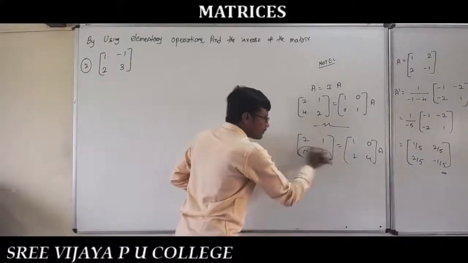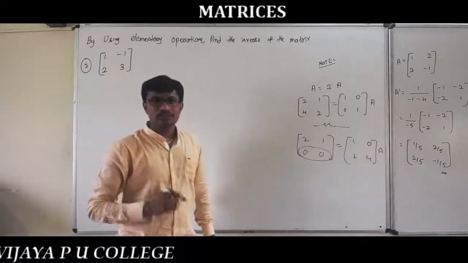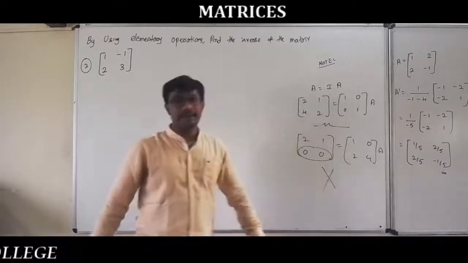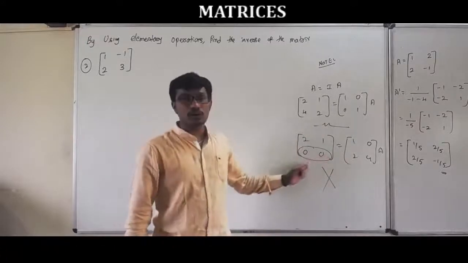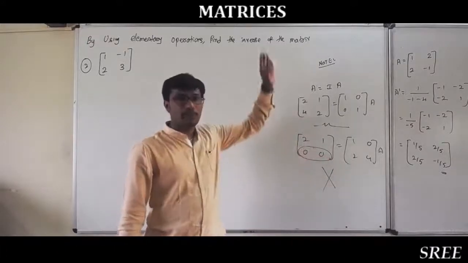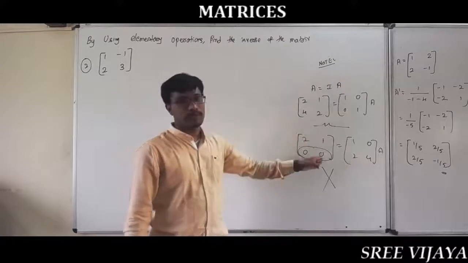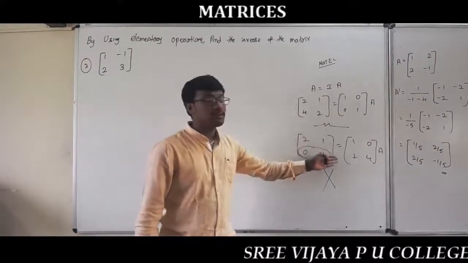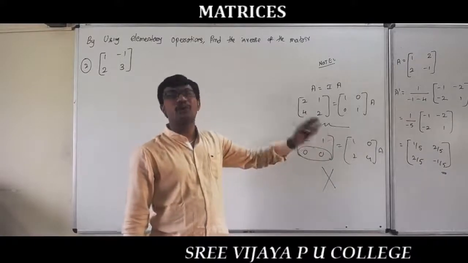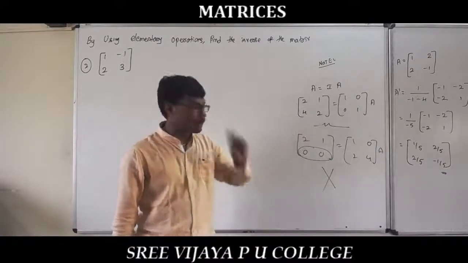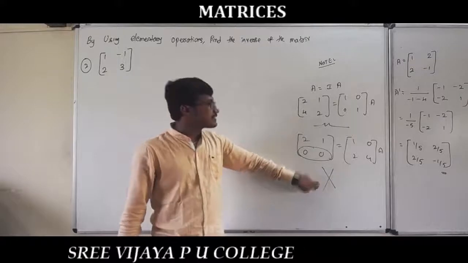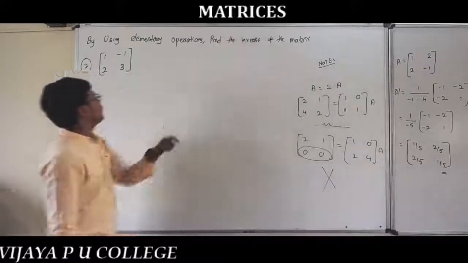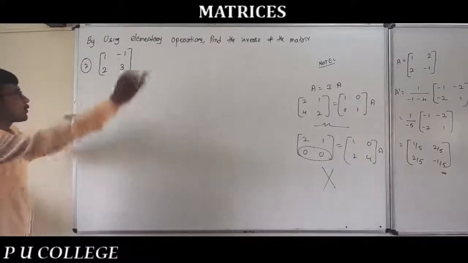See, in the row you get all zeros, right? So obviously the inverse does not exist. Not only rows, it applies to columns too. If you apply column operations and get zeros in a column, or apply row operations and get zeros in a row, entire row or entire column, the inverse does not exist for the given matrix.